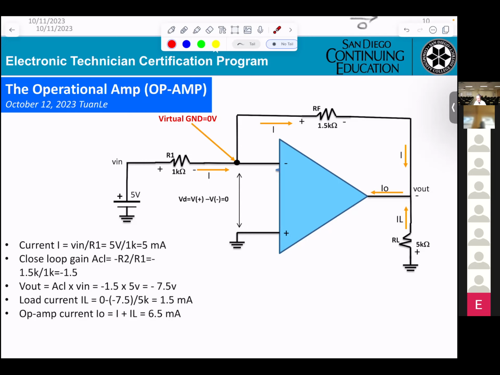So the formula for load current is IL equals 0 minus V out over RL. You're talking about IL, right? I'll show you.